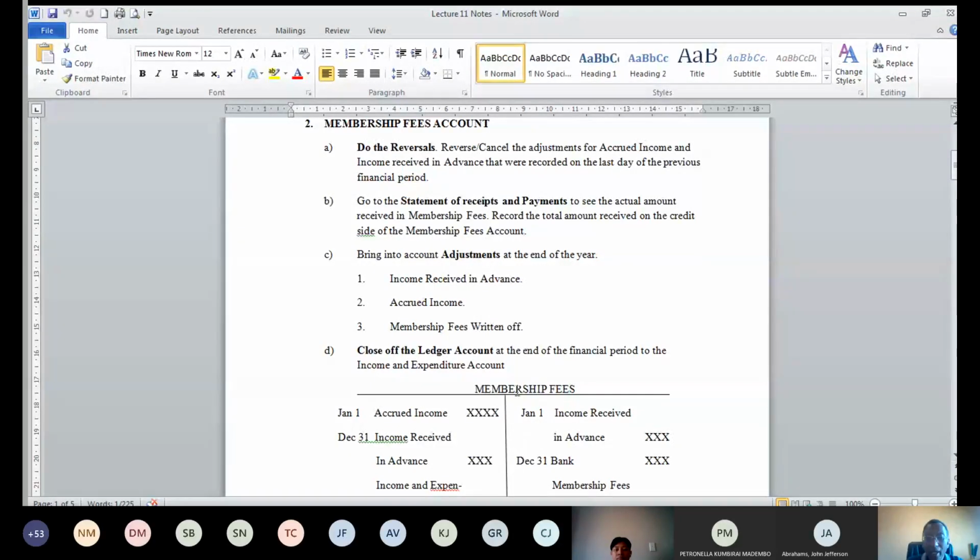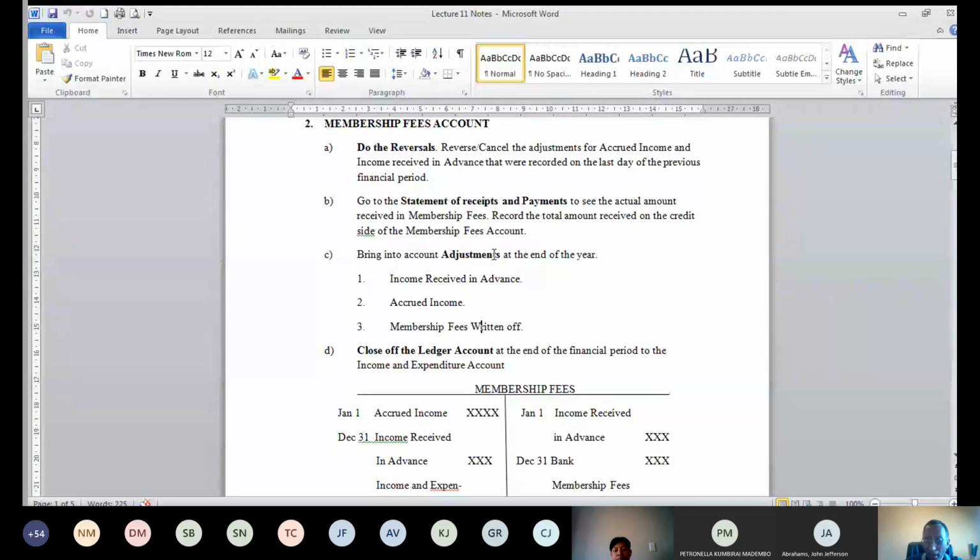Okay. The membership fee account is now closed off. Remember now, in the membership fee account, you have calculated the income for the year by taking into account all the adjustments. There are 5 of them: 2 coming from step number A, where we had to reverse the previous year's adjustments, and 3 adjustments for the current financial year, which are income received in advance, accrued income, and the membership fees written off.